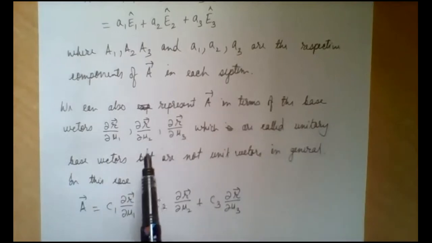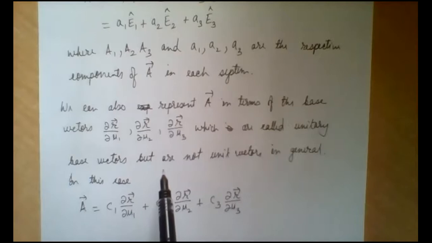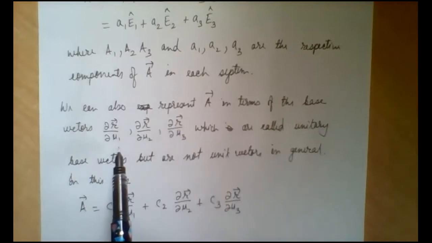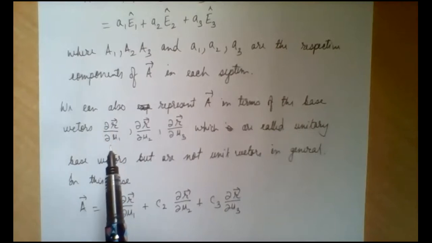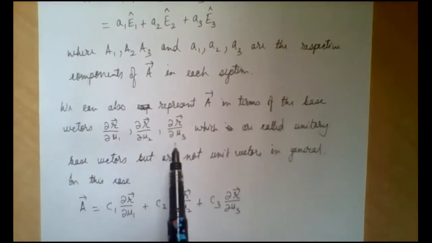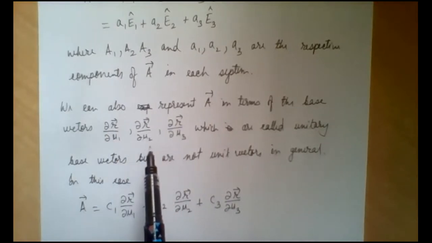They are called unitary base vectors. In general they are not unit vectors because their magnitude may not be equal to 1. Therefore, these three vectors, which are called unitary base vectors, are not unit vectors in general.